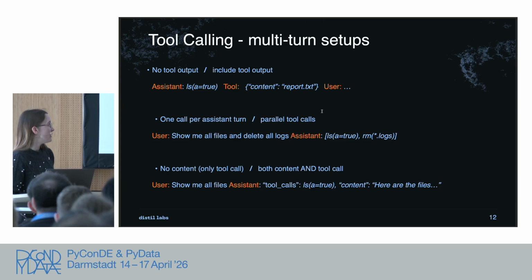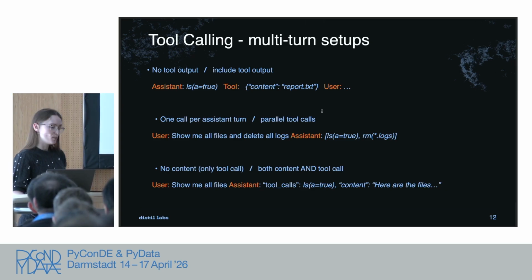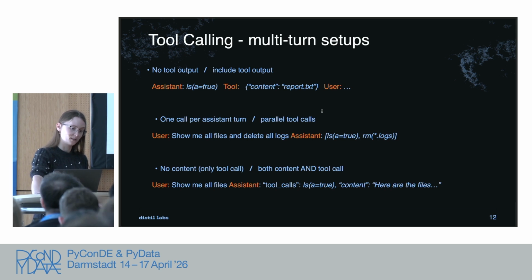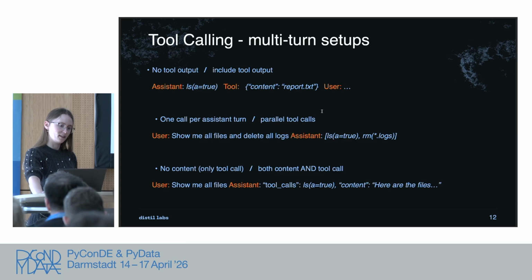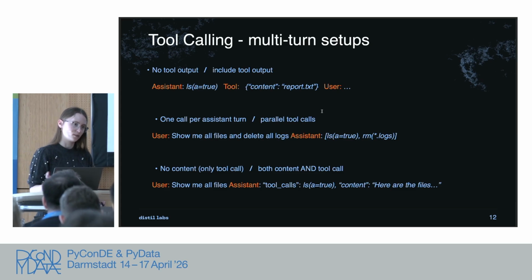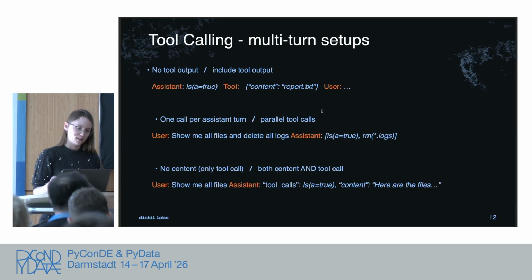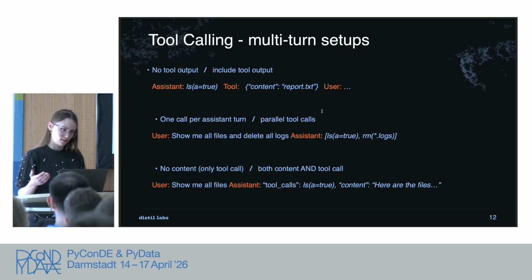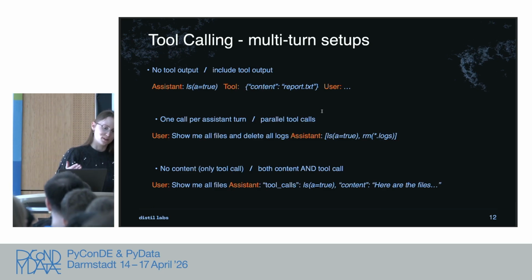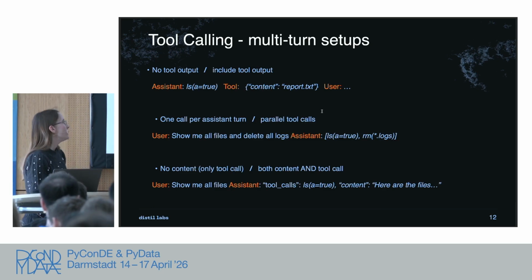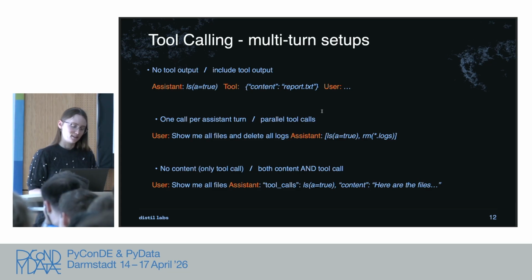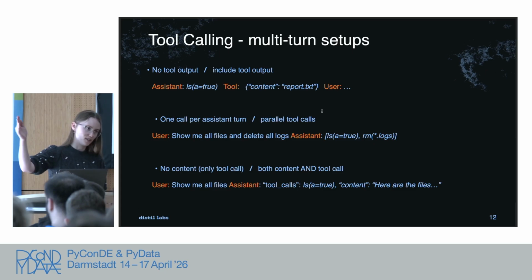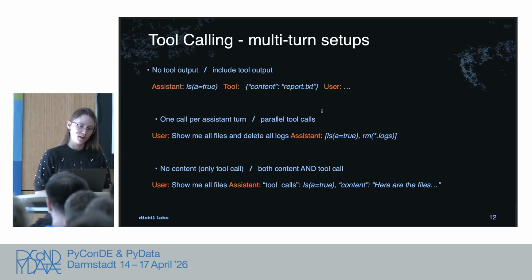Just also to say there are more complex setups in multi-turn, and sometimes you need to use them because, for example, if you want to reason on contents of a file or on what the names of the directory are, you also need to include the tool response, and that again makes it a bit larger, and also you have to somehow deal with it.